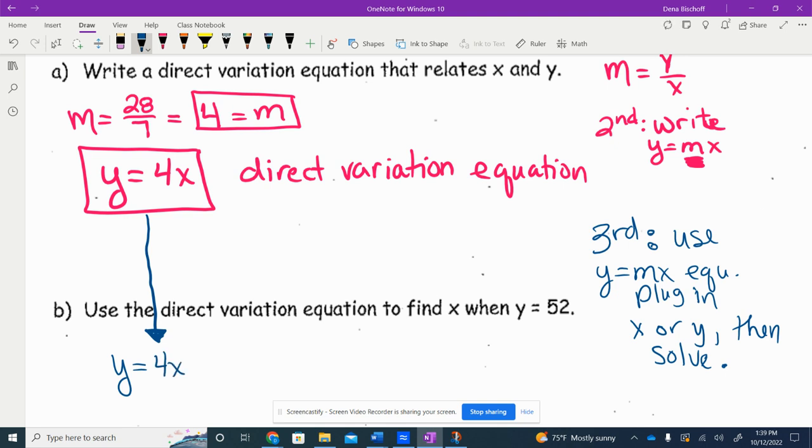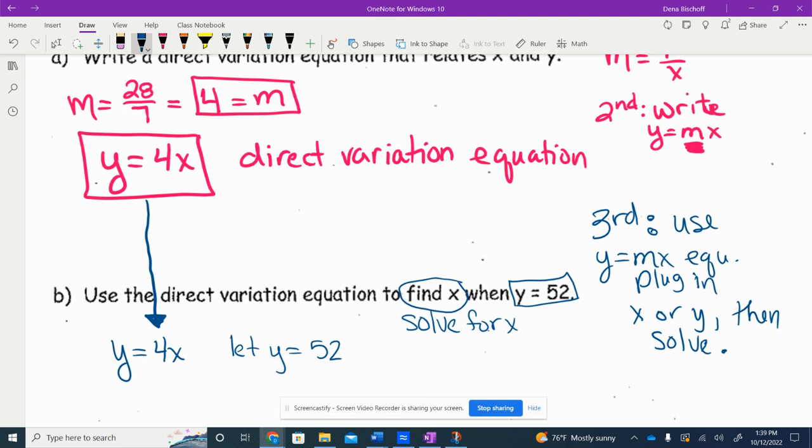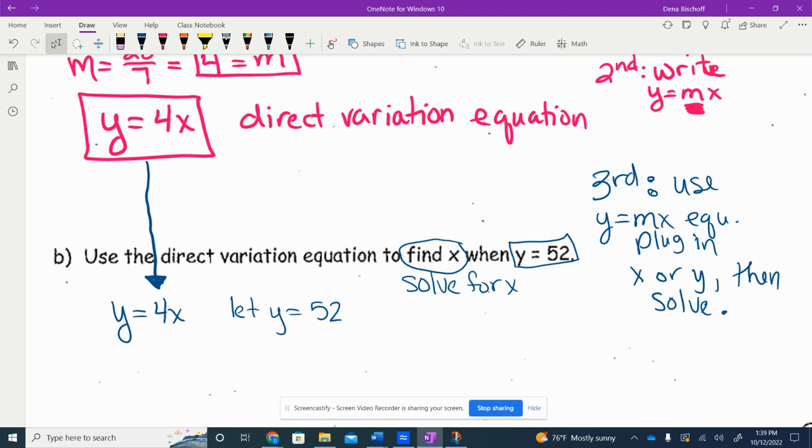Okay? And it says, hey, find x. That's the same thing as solve for x, right? Solve for x when y equals 52. So I have to let y equal 52. So I'm going to replace the y in my equation with 52.